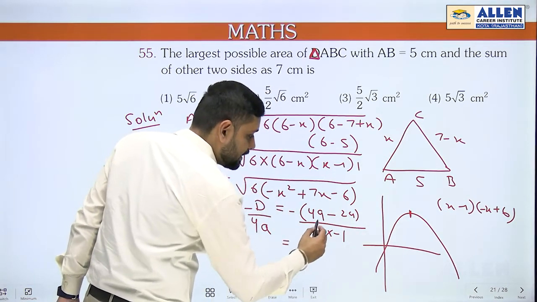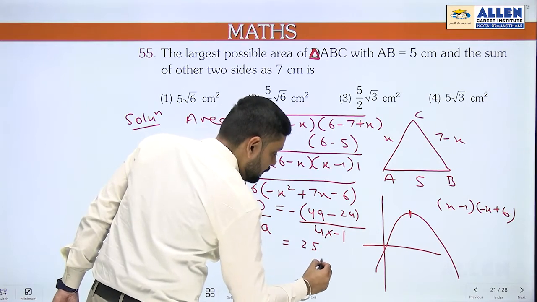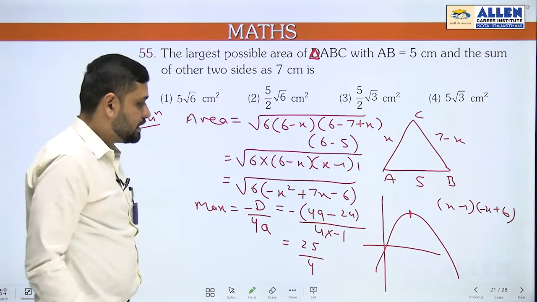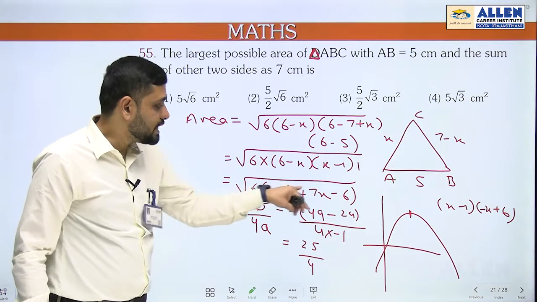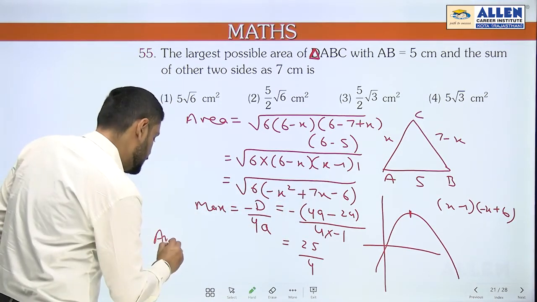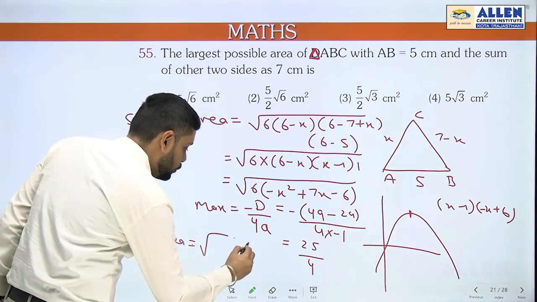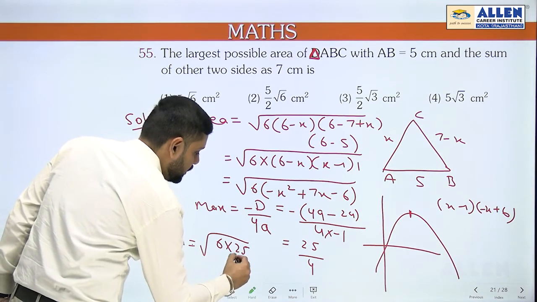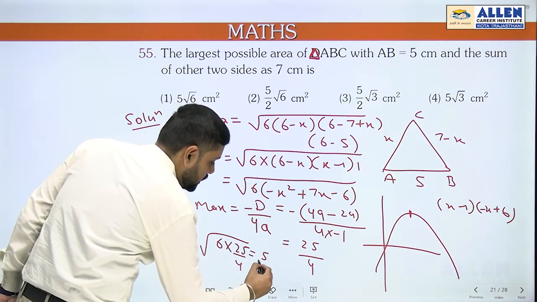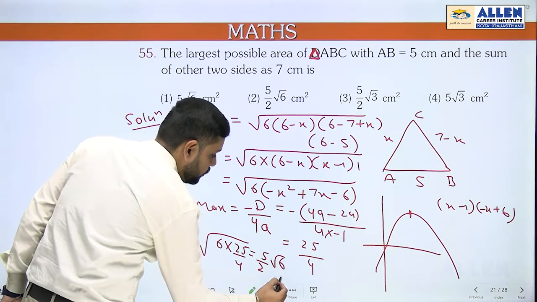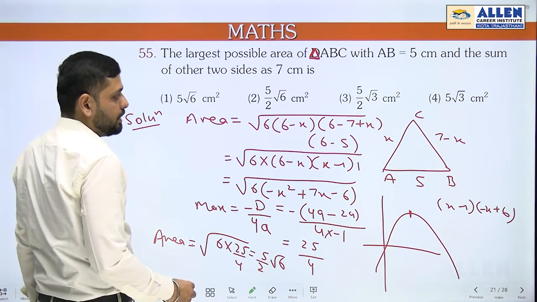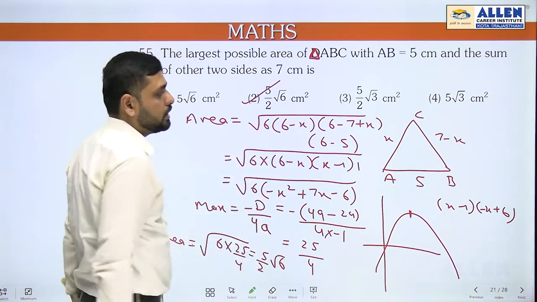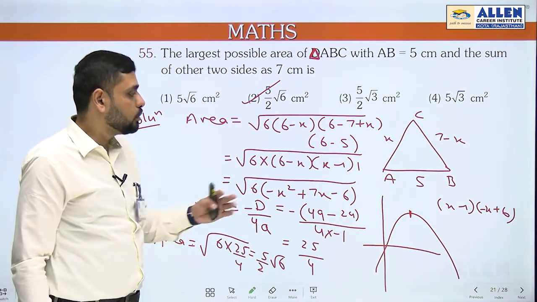So this minus will get cancelled, and we get 25 upon 4. This is the maximum value we'll get of this expression. So the maximum area will be under root of 6 into 25 by 4. After simplification it will be 5 by 2 into root 6, right? So 5 by 2 into root 6, second option will be our answer. So in this way we need to solve this question.